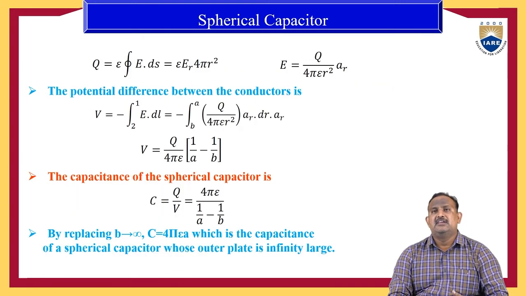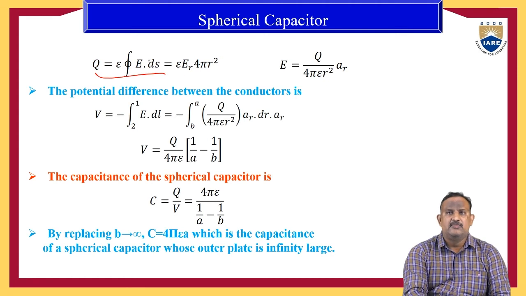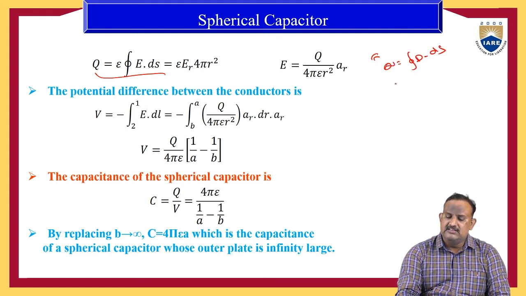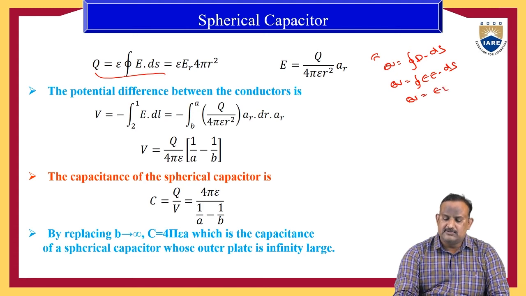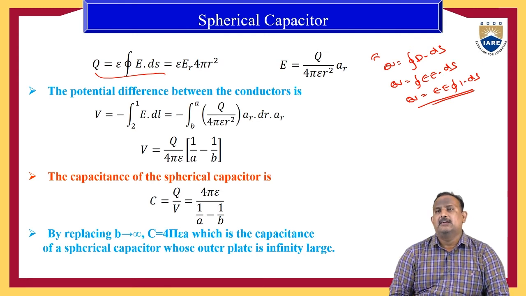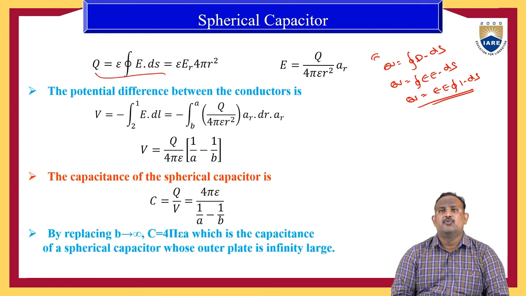If you apply Gauss law to the Gaussian surface, the charge enclosed Q is equal to the surface integral of D into dS, where D is epsilon E. Therefore, Q is equal to epsilon E into the surface integral of dS.